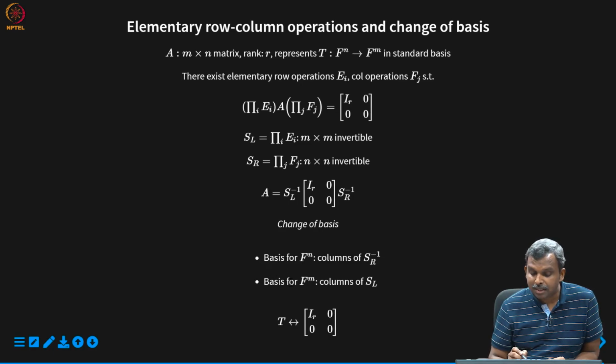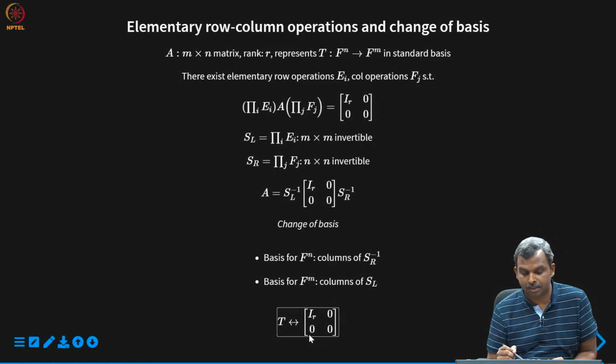Here is the basis that you pick for Fm and Fn. SR inverse is on this side. I will pick the basis for Fn to be the columns of this SR inverse, whatever SR inverse I computed here. And the basis for Fm, the output basis, will be the columns of SL itself. If I do that, my linear map T in this particular basis simply becomes the simple form IR0, 0, 0.